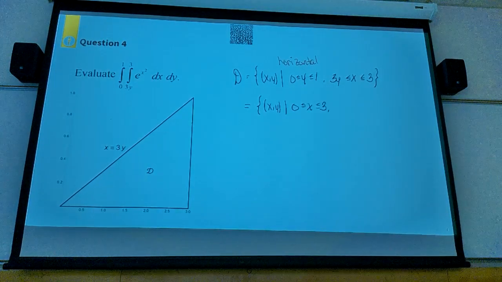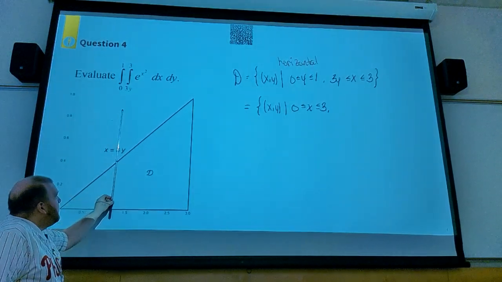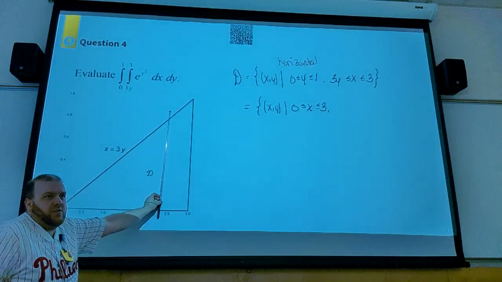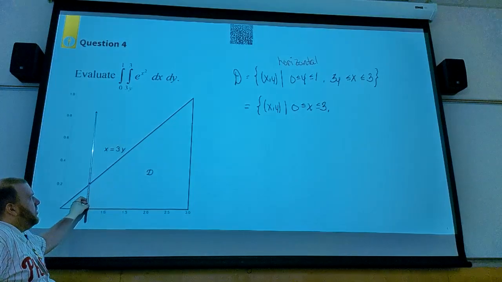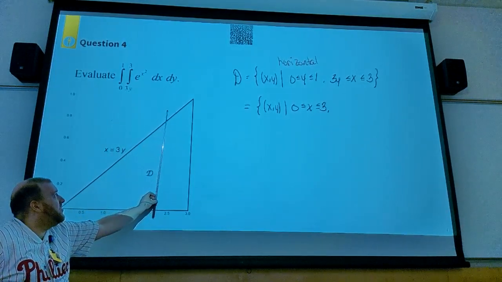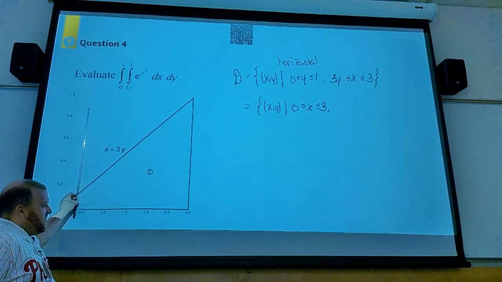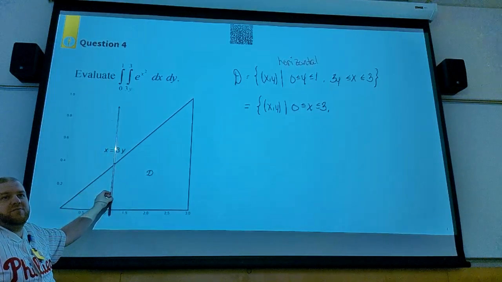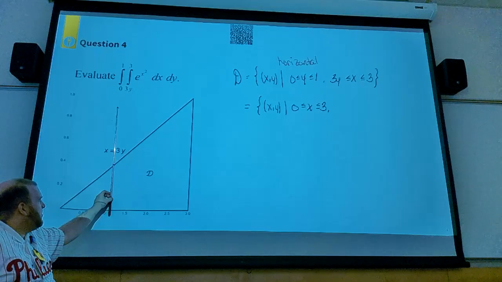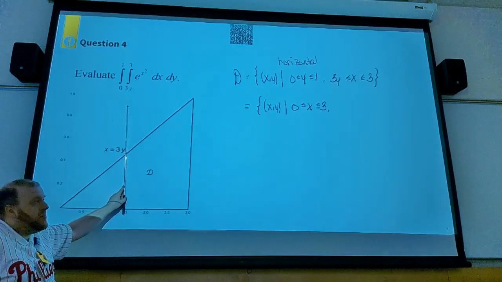Now, as we slide the bar from 0 to 3, what does it extend along? What is it? x over 3. Is that upper or lower? Up or down? What about the lower? Oh, 0.